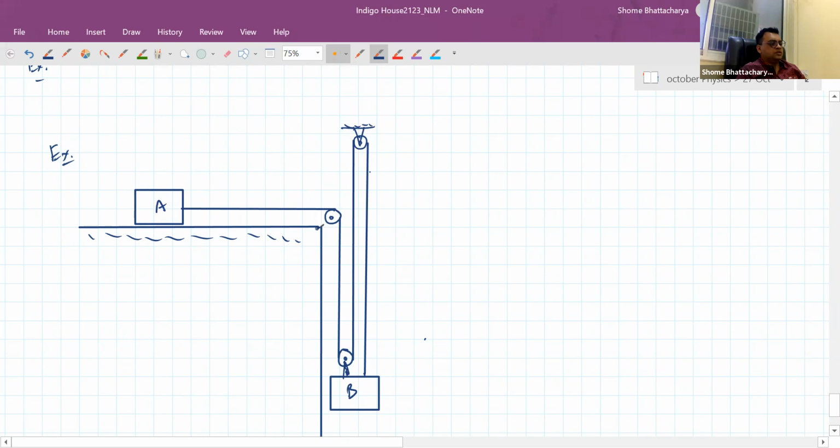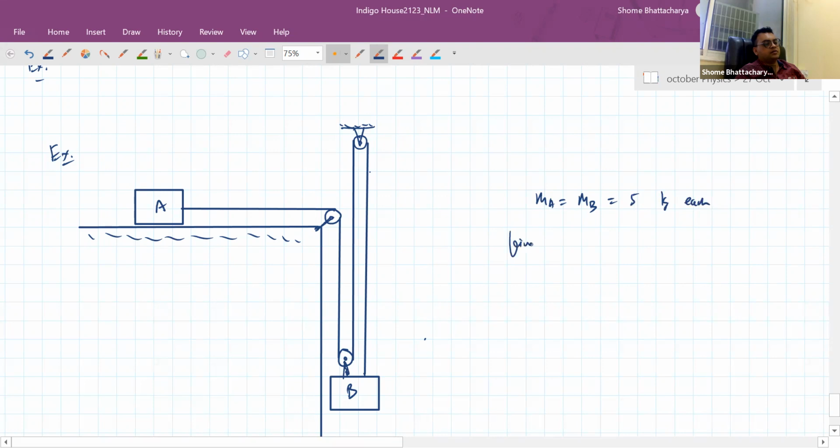Okay, so all the pulleys are massless, smooth pulleys as usual, and the thread is also massless and inextensible. So mass of the block A is equal to mass of the block B. They are identical blocks of mass 5 kilograms each.